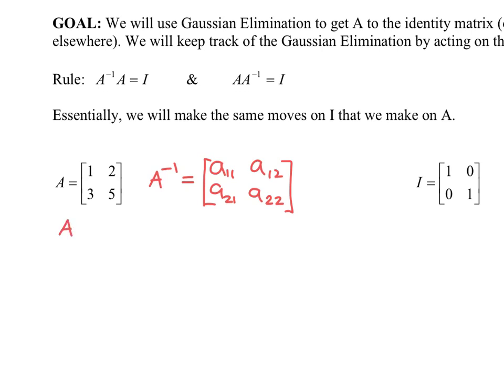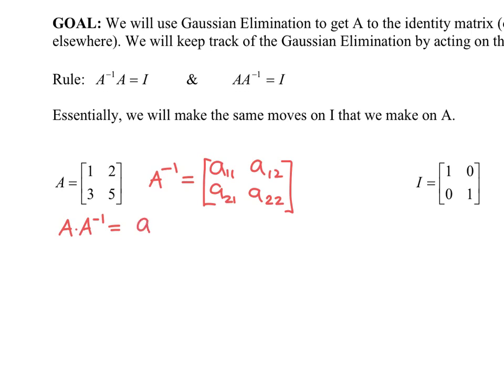So A times the inverse of A. With 2 by 2 square matrices, it doesn't matter what order you do them in, it's going to be fine either way.